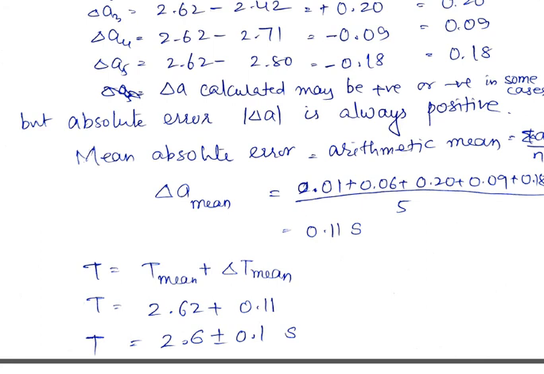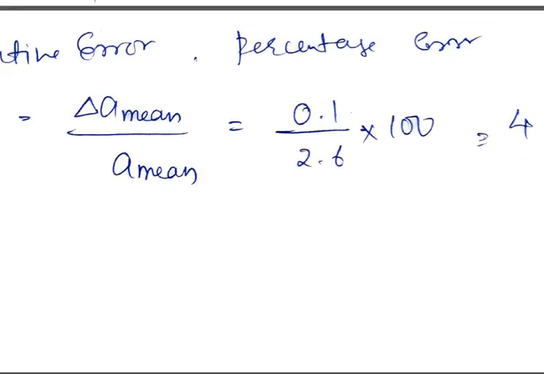This is the answer, the time period we found and the error associated with it. It means the time period can be in the range of 2.5 to 2.7. That is what plus or minus means. You can see the range from the result.